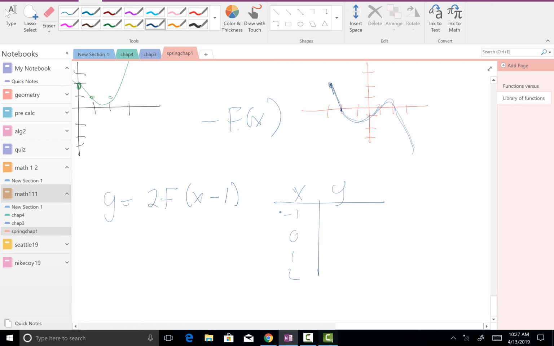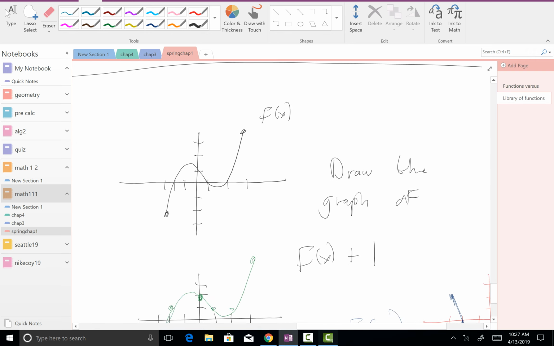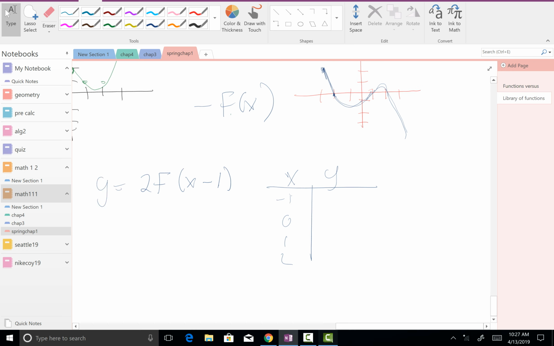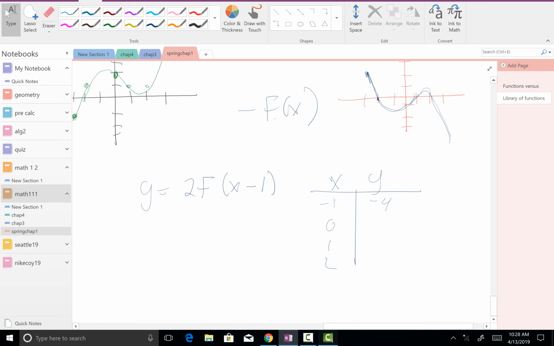After we get negative 1 minus 1, we get negative 2, and then what do we do with it? Multiply it by 2. So you see, we're doing this first, then that. That's the first thing we do. I don't know what this function is, so it's going to take this thing, subtract the 1, make it a negative 2, and then multiply by 2 to give me negative 4. So that's what it's going to do.